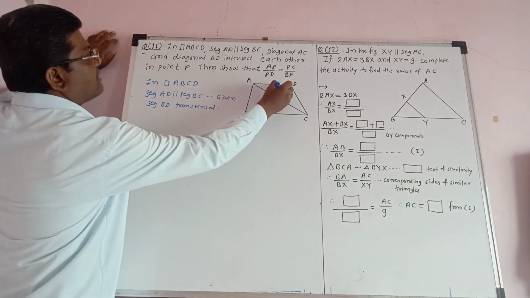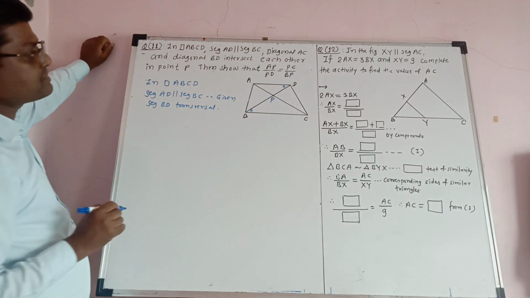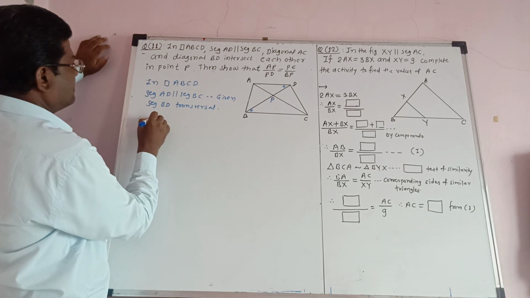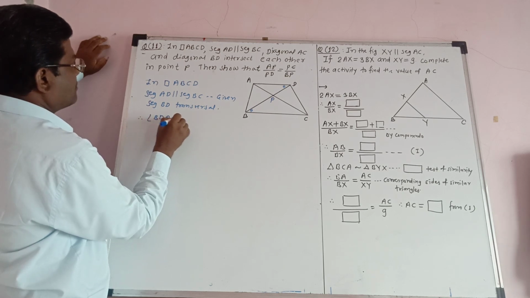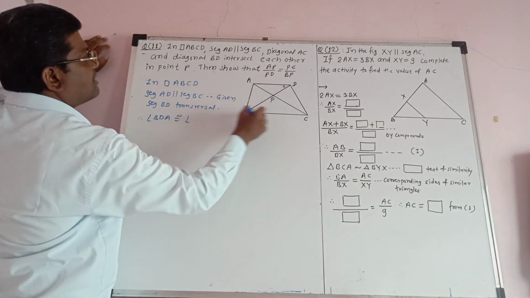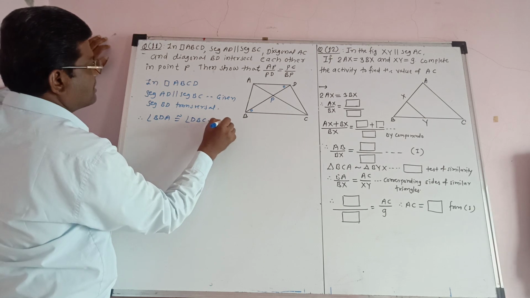Therefore this angle and this angle are alternate angles. Therefore angle BDA is congruent to angle DBC, alternate angles.